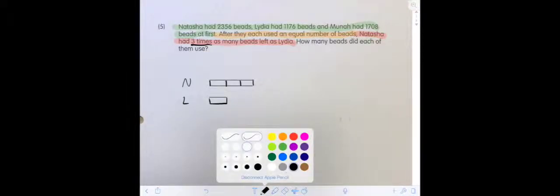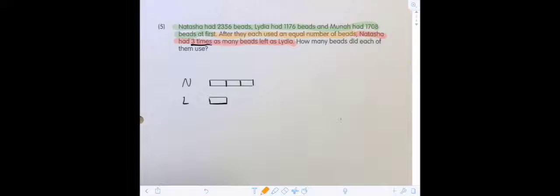After I've drawn this, we're going to include the middle part, the amber part. After they each used an equal number of beads, we know that they had another portion here that was not used. I'm marking it orange, and this orange is on both Lydia and Natasha.